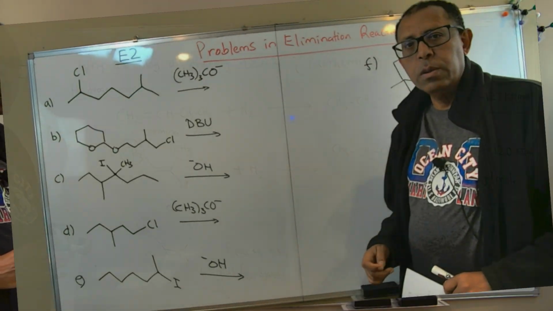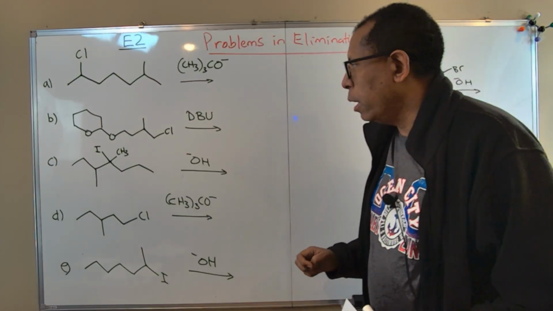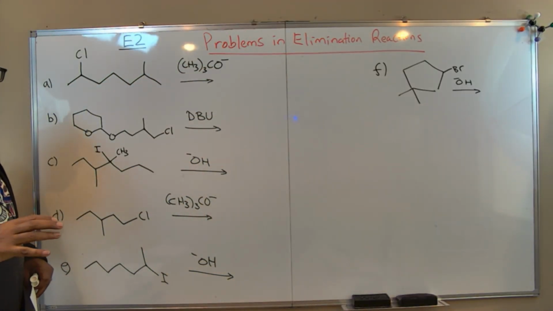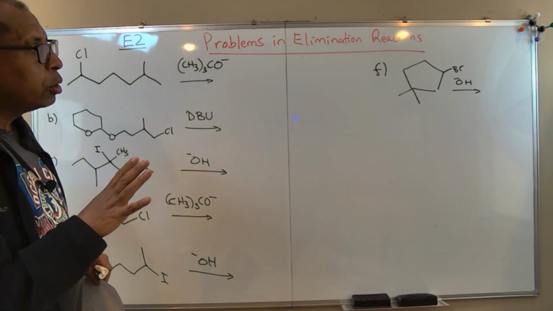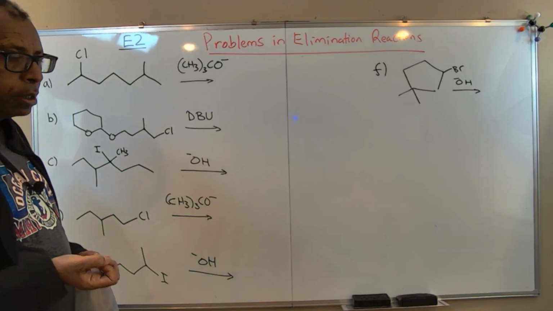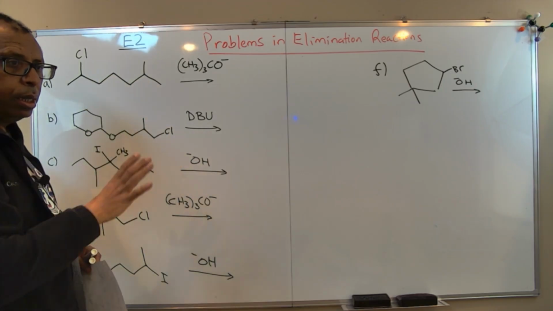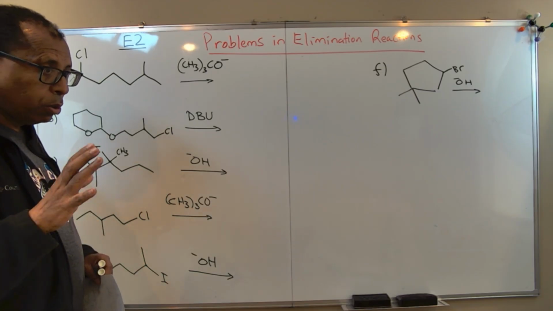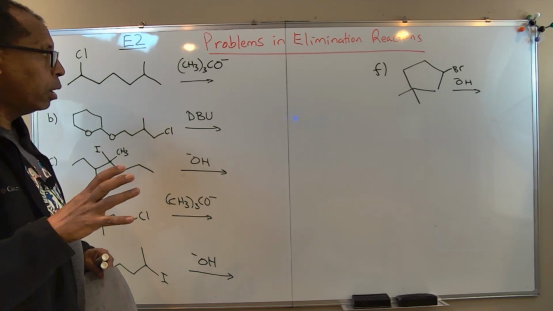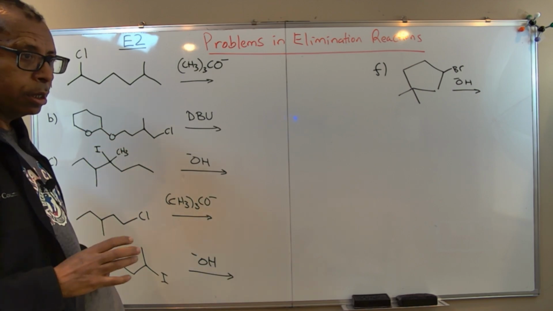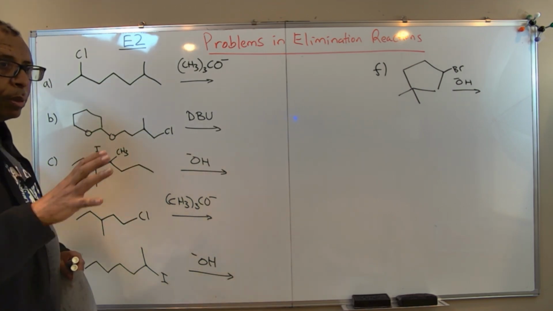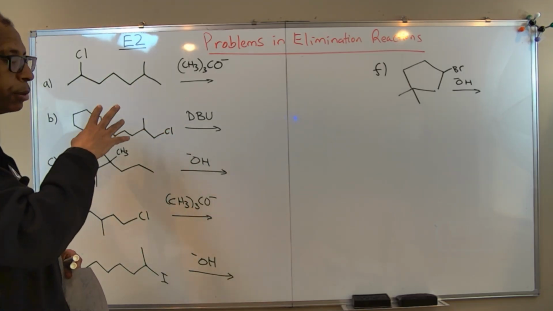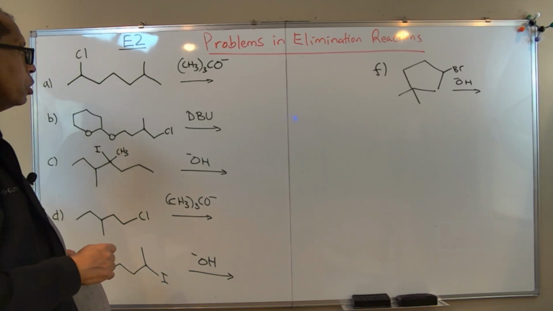Okay, let's continue our problem solving session. Here I have these questions. The main task here is to give the products of an E2 elimination reaction. When we say E2 reaction, usually a strong base is used, and the mechanism goes by a single step of hydrogen abstraction and loss of the halide.